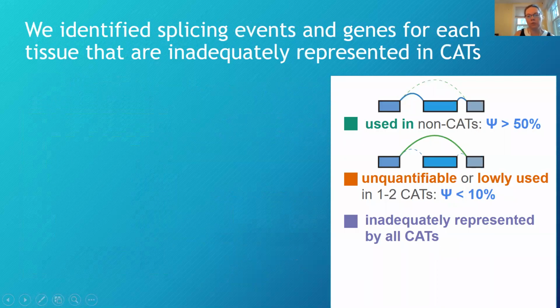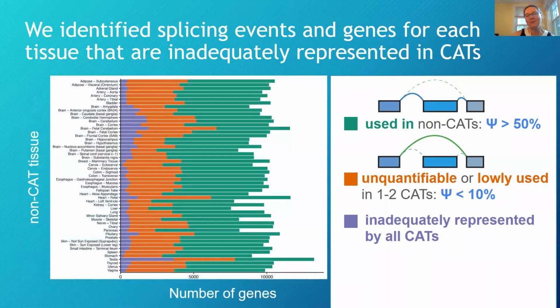And so what did we find? This graph, I don't expect you to be able to see the individuals. I present it more as a heat map to get a sense for the different situations that we have. On the y-axis, we have all the different tissues that are present in GTEx. And on the x-axis is the number of genes that fall into 3 different categories.